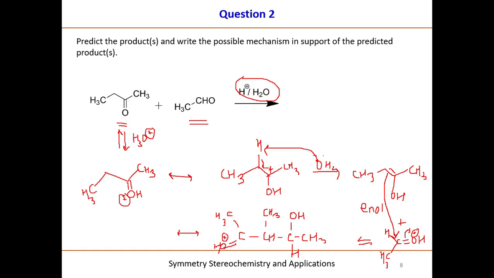So here this proton will be abstracted by again water, H2O, the proton will go this way and we will get the aldol product.